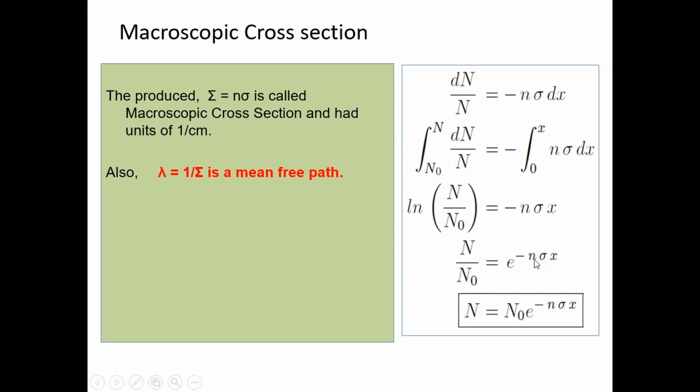N sigma is the macroscopic cross-section, so we can write it as capital sigma multiplied by x. So we can see that the number removed from the beam changes exponentially with the distance. The particles at the beginning of the slab and the particles at the end of the slab are really different, and they are decreasing by this exponential curve.